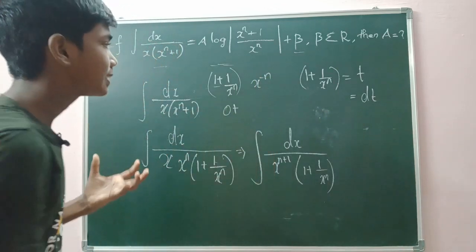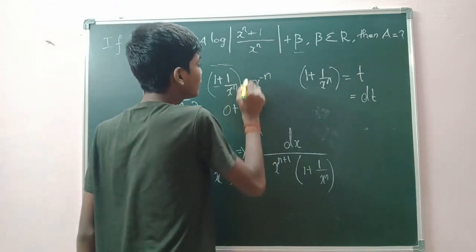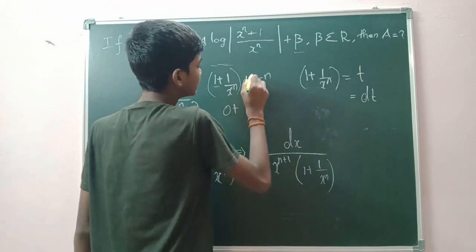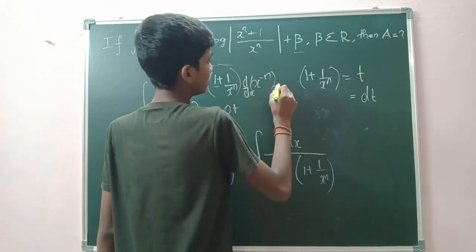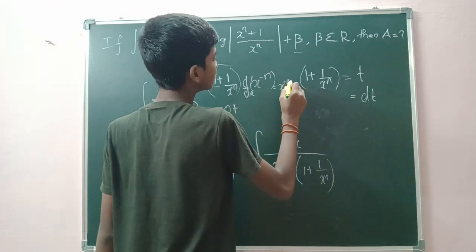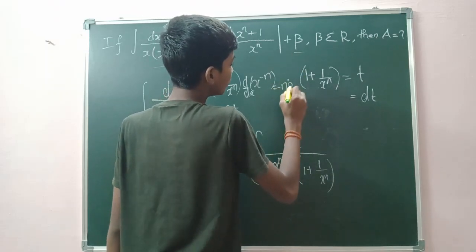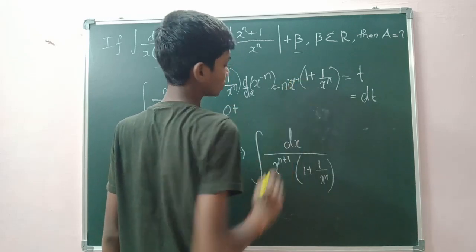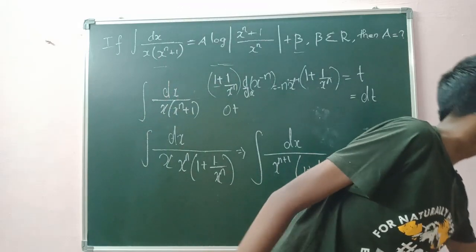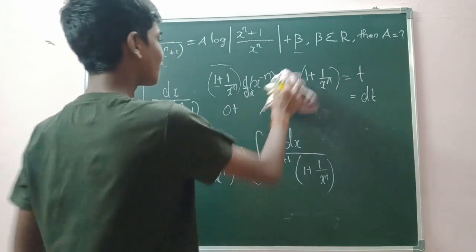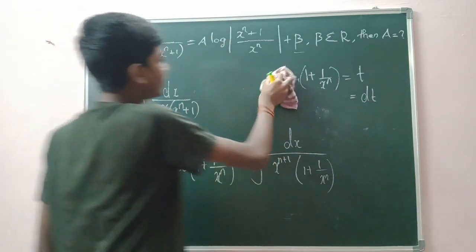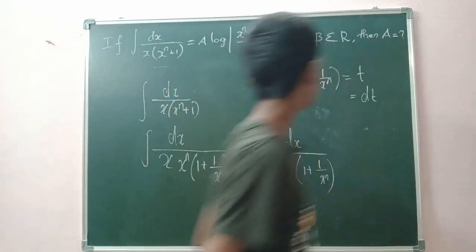The derivative d by dx of x to the power minus n will be minus n times x to the power minus n minus 1. I think I need to write it more legibly, as it's not visible for people. So let me try it once again.